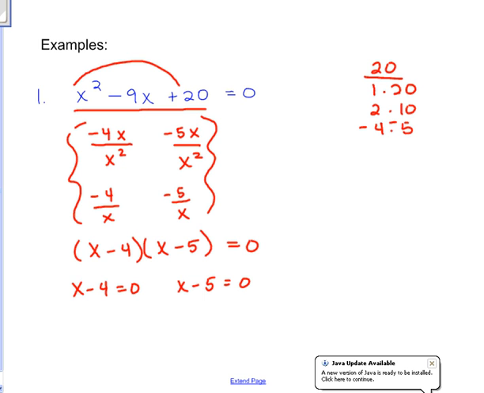If I take x minus 4 equals 0, I want x by itself, so that means x would equal 0 plus 4, or just positive 4. And x minus 5 equals 0, if I add 5, would be 0 plus 5, which is 5. So I have two solutions, or two values for x that would make the equation true. Both of these numbers would be my solution.